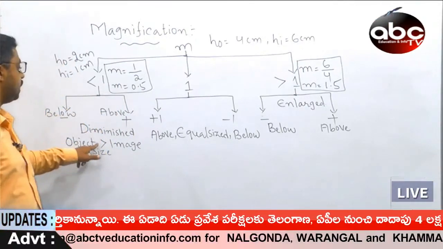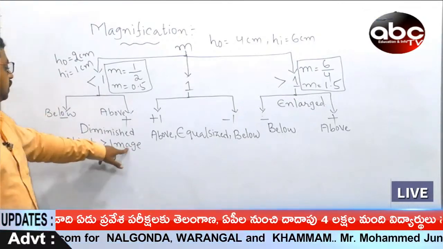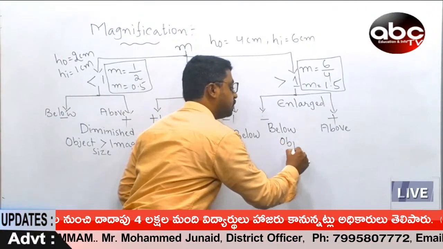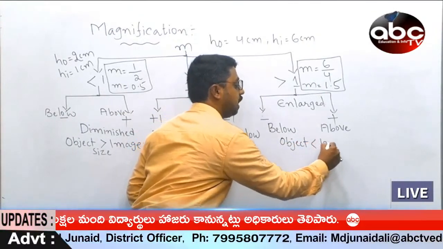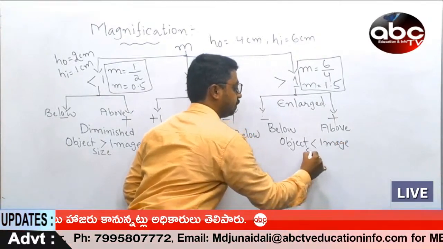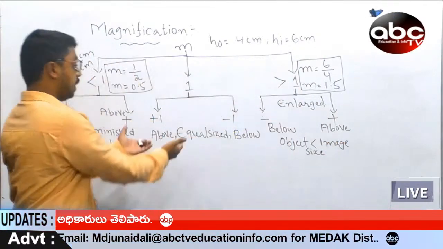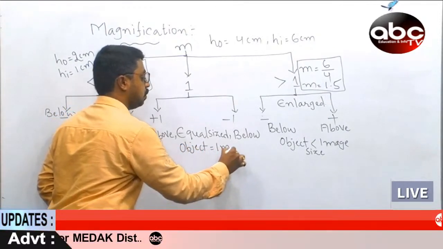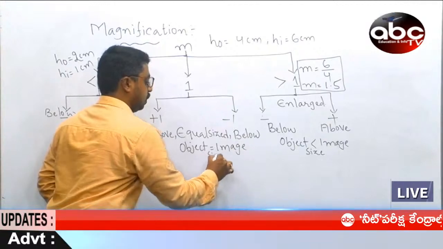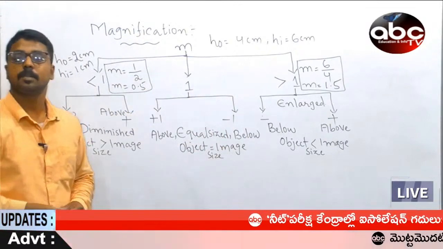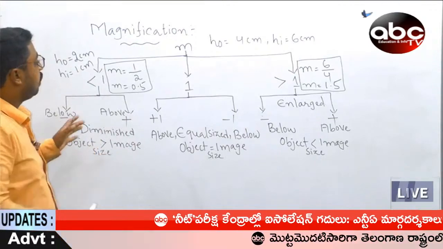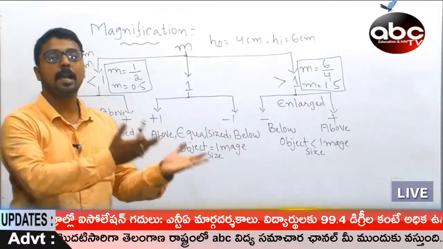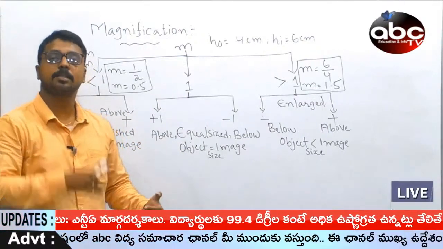This is a diminished image. Object size is greater than image size, whereas here the object size is less than image size, and here the object size is equal to image size. So as soon as we see the value, we can identify whether it is enlarged, and whether it is below or above the principal axis.